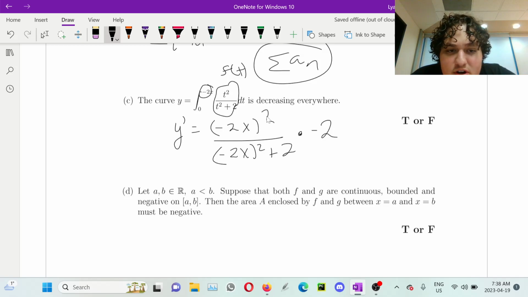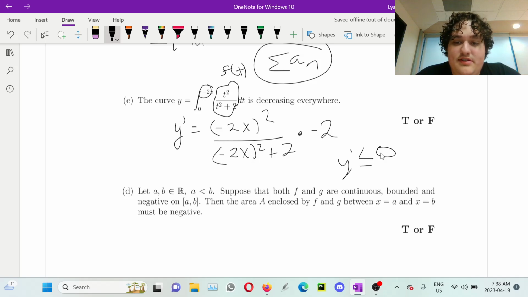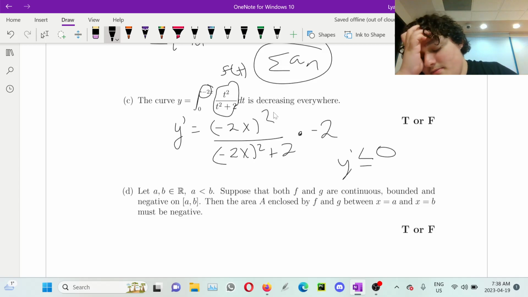if x equals 0, then y prime is 0. But decreasing means that y prime is less than or equal to 0. If it were strictly decreasing, it would be false, because at the point x equals 0, this curve has like an inflection point, right?